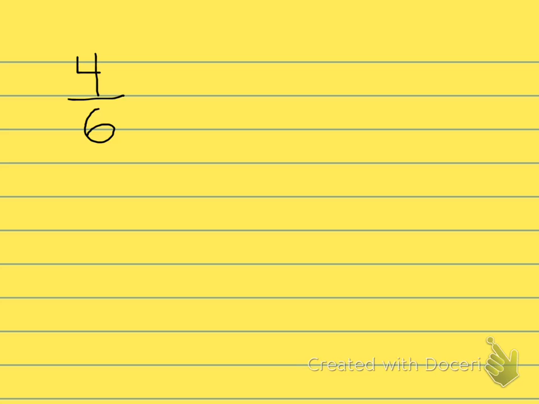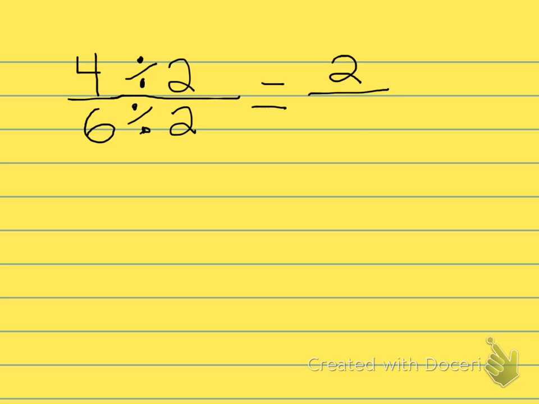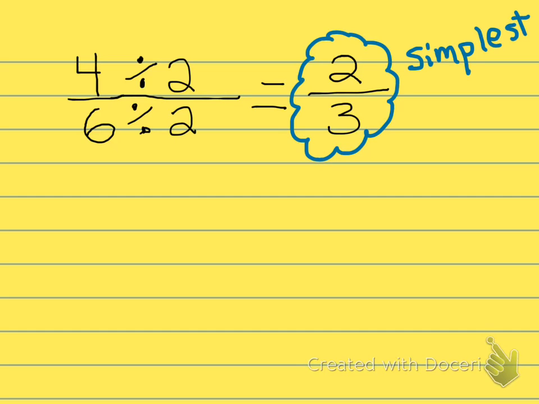I know they at least have a common factor of 2. 2 times 2 makes 4, 2 times 3 makes 6, which means I can simplify this fraction by dividing both the numerator and the denominator by 2. 4 divided by 2 is 2. 6 divided by 2 is 3. 2 and 3 only share a factor of 1, therefore 2/3 is in simplest form.